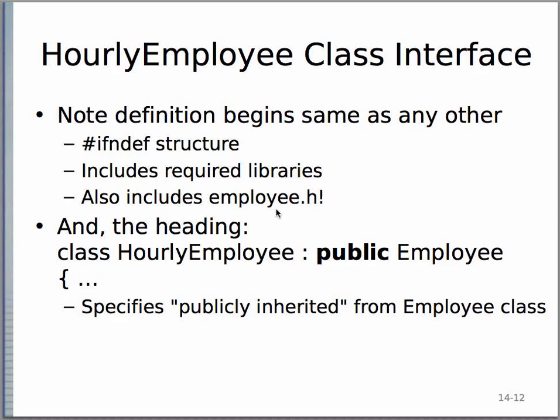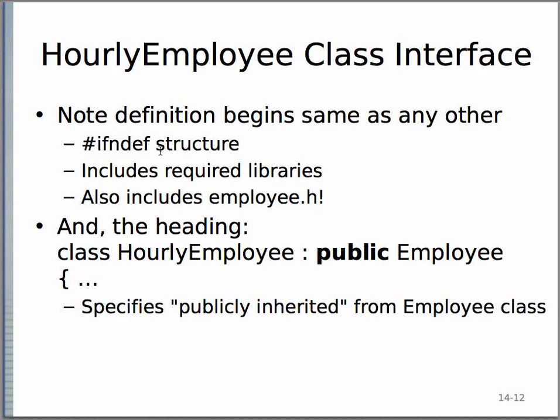Okay, so in the last video we set up a base class called employee and two subclasses, or derived classes, that extend or inherit from this employee class. The definition for a subclass or derived class begins the same as any other.